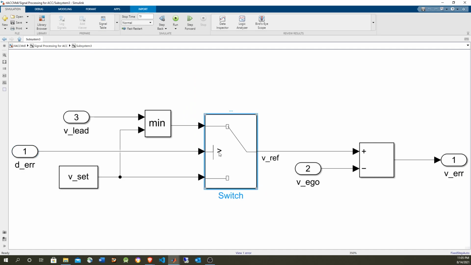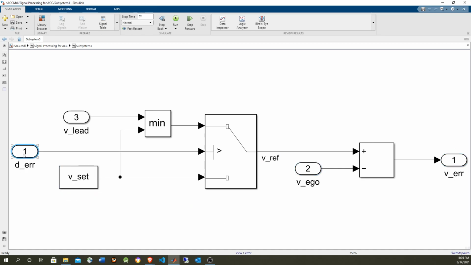If you're beyond safe, you don't care anymore about the car in the front, so you're going to care about getting into the velocity set by the driver. It's going to be, for example, 30 meters per second. So this is when it's going to appear here, and you're going to subtract the velocity of the ego car from that 30 meters per second. So you're going to try to minimize this and get into this velocity.